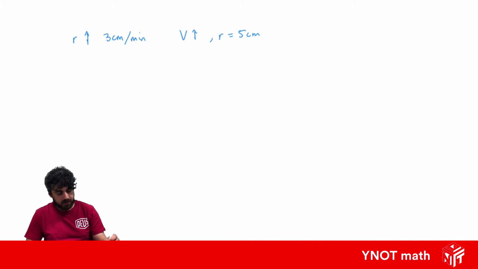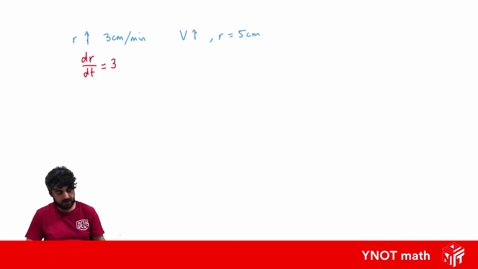Now, let's just go back over and check what we said here. When its radius is increasing at a constant rate of 3 centimeters per minute, if we're speaking about a rate, we can write that in terms of derivatives. So we could say that dr dt equals 3.